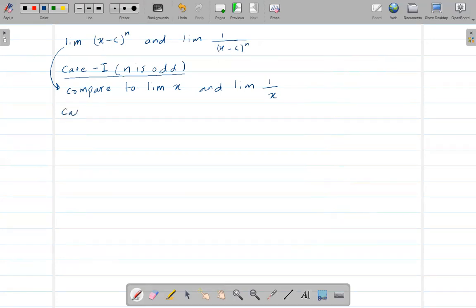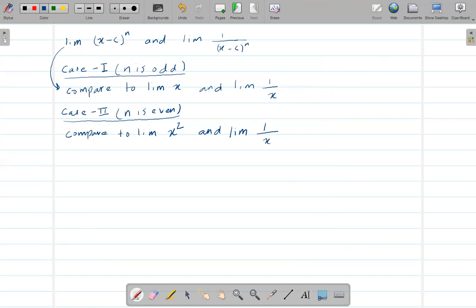If n is even, the second case, then we can compare this to the limit of 1 over x squared.